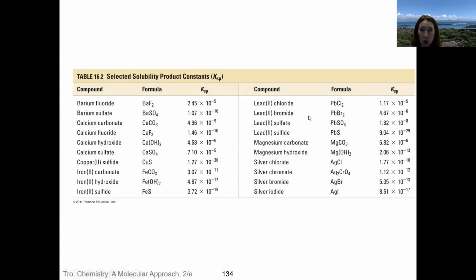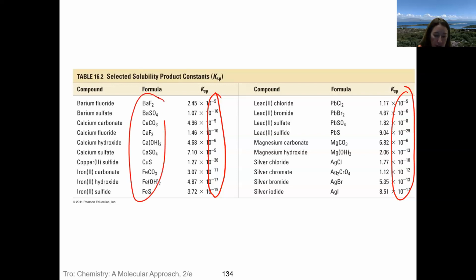Now here are some solubility products for some insoluble compounds. So remember, if the K is much less than 1, that means it's very, very reactant favored. So all of these are reactant favored, meaning when you put them in water, they don't want to dissociate, right?